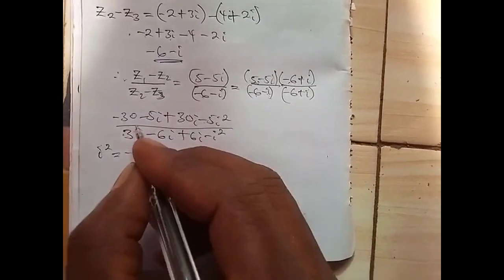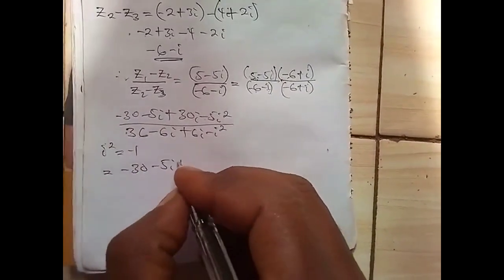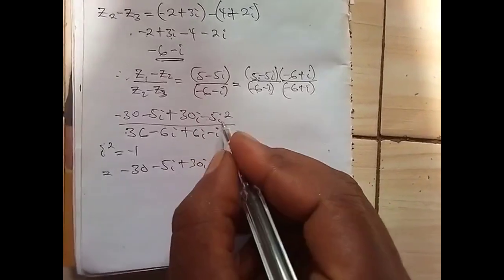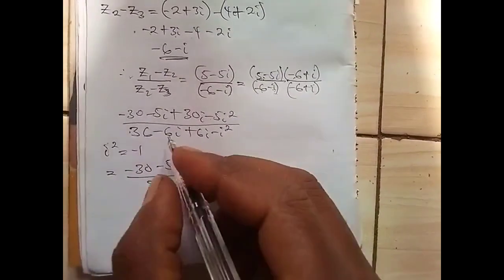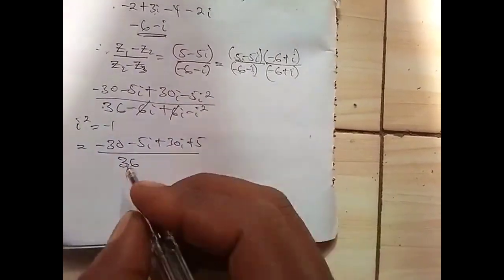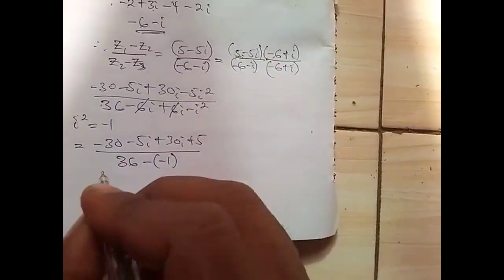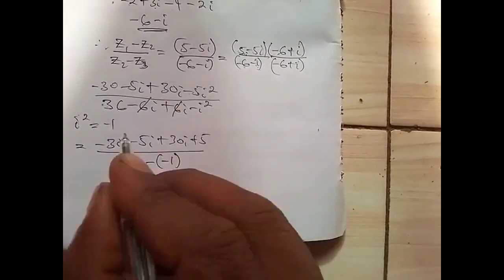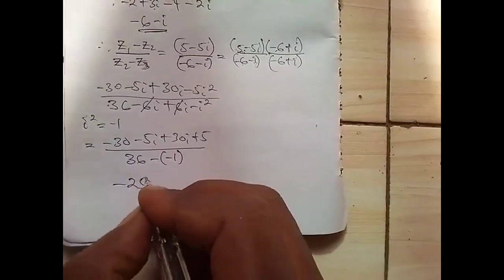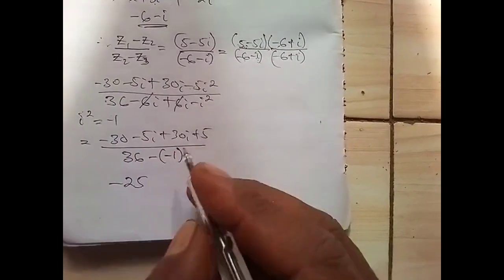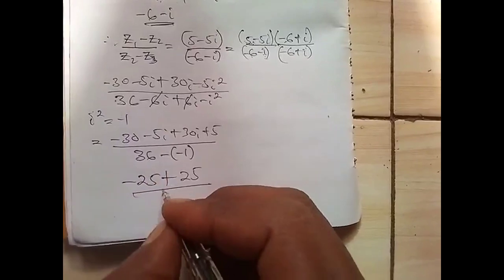So what we're going to have is minus 30 minus 5i plus 30i plus 5 over 36 minus 6i plus 6i, which is 0, then minus i squared, which is plus 1. Collecting like terms, minus 30 plus 5 gives minus 25, and the imaginary part gives plus 25i, over 36 plus 1, which gives 37.